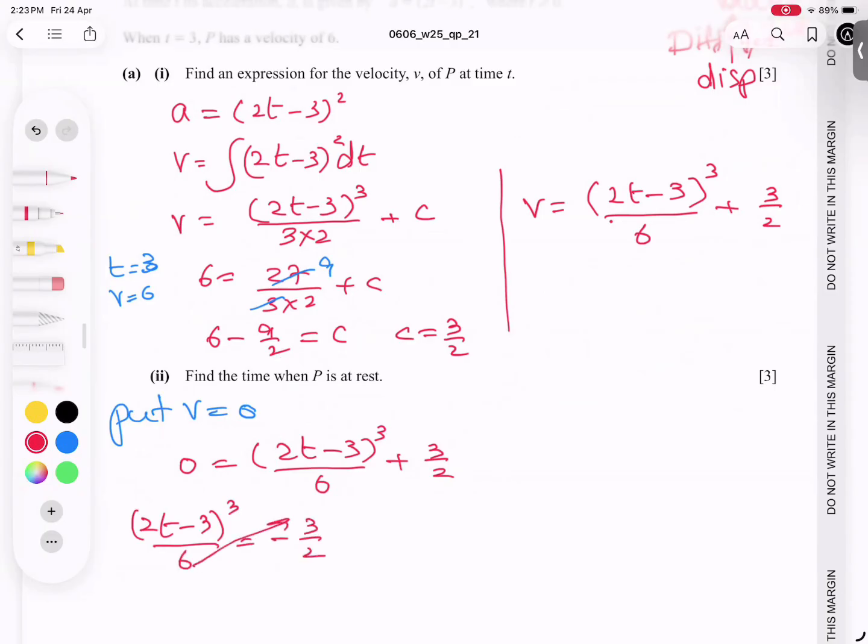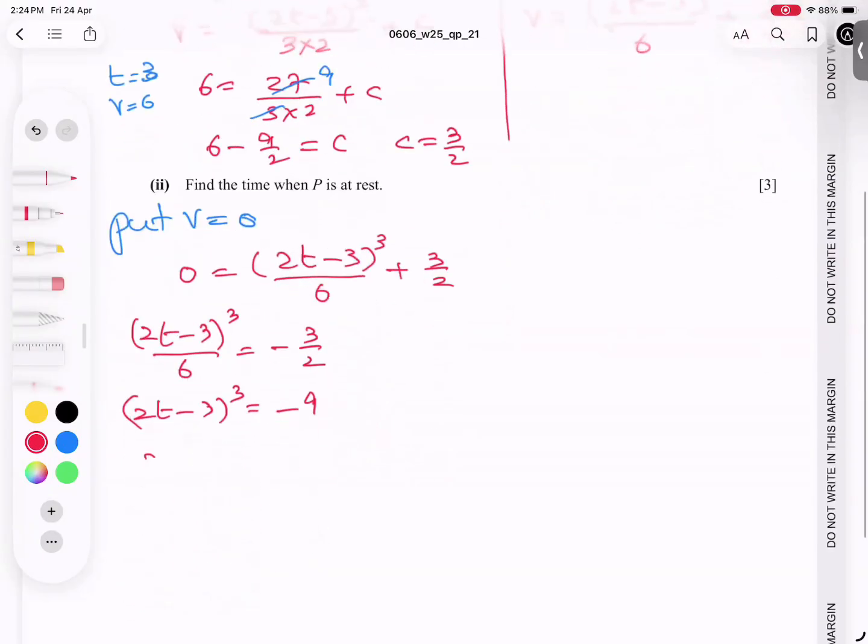6 will multiply there, and we get (2t minus 3) whole cubed is equal to -9. Let me check: 2 3s are, yes, -9. The cube will go there and become a cube root, and the cube root of -9 will remain as it is. Now 3 will add and 2 will divide.